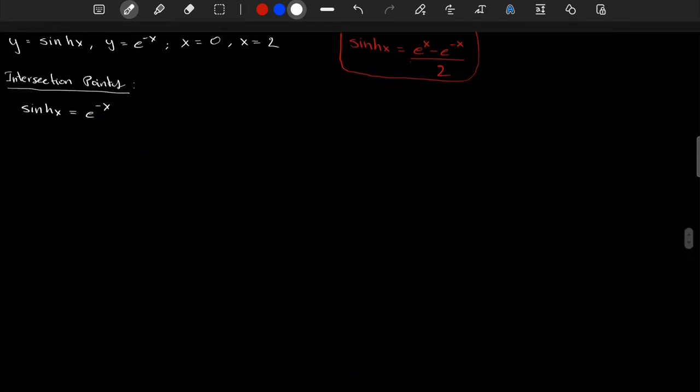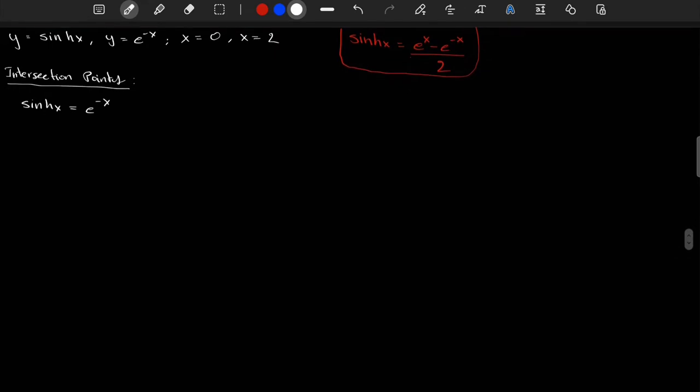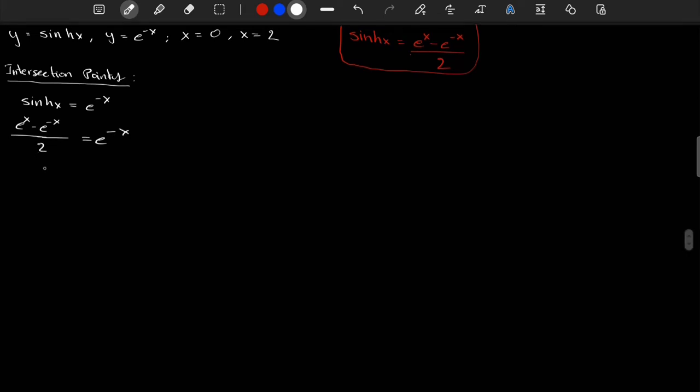Going back to our definition, sinh is equal to e to the x minus e to the negative x, divided by 2, equals e to the negative x. If we multiply both sides by 2, we're left with e to the x minus e to the negative x equals 2e to the negative x.